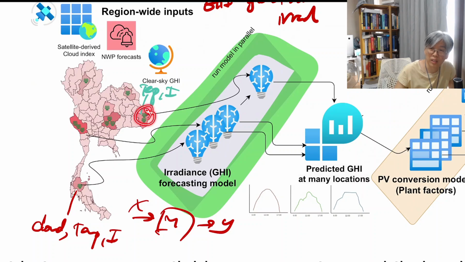So this is quite a drawback of the universal model, because you have to implement it uniformly in all locations. But it's kind of simple in terms of implementation to run all the models in parallel that require the same set of inputs.